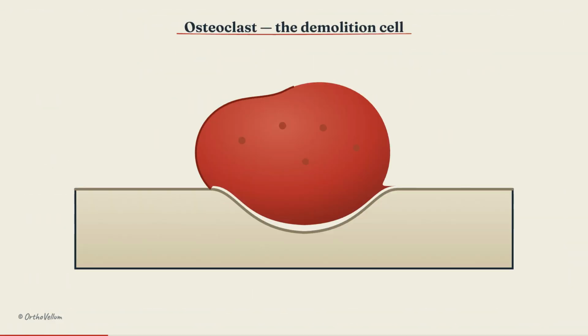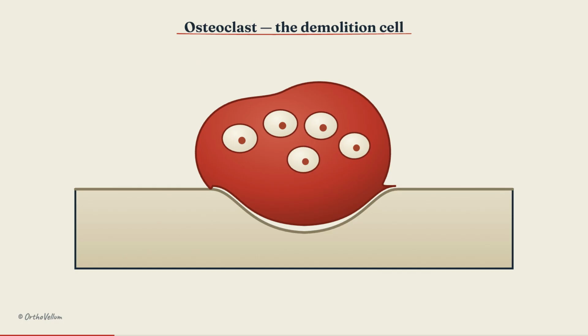Now meet the crew, because every one of them earns its name. This is the osteoclast, the demolition cell. It is multinucleate, formed by the fusion of monocyte lineage precursors, and it is big. It clamps itself onto the bone surface with a ring of actin called the sealing zone, and that ring creates a sealed compartment underneath the cell.